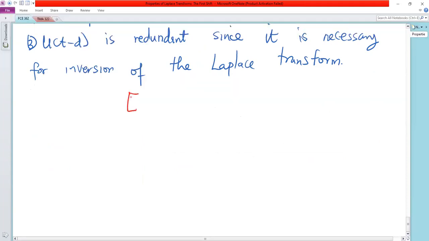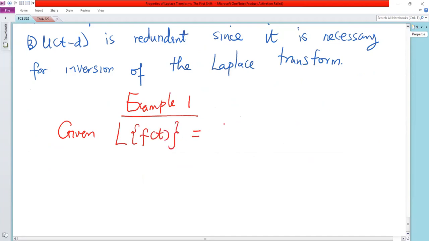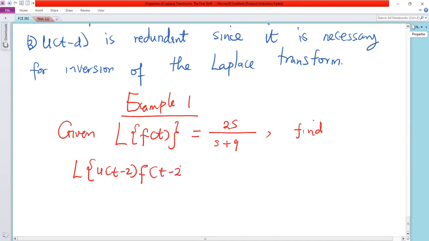So example 1. Given the Laplace transform of function f of t is given by 2s over s plus 9, find the Laplace transform of u of t minus 2 times f of t minus 2.